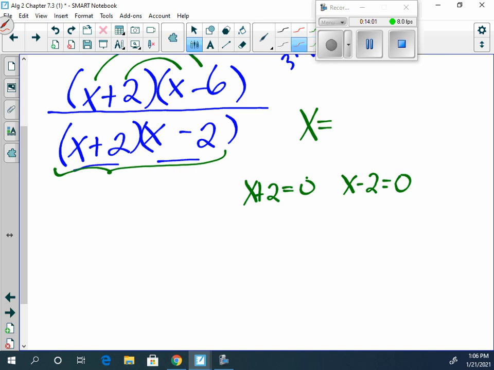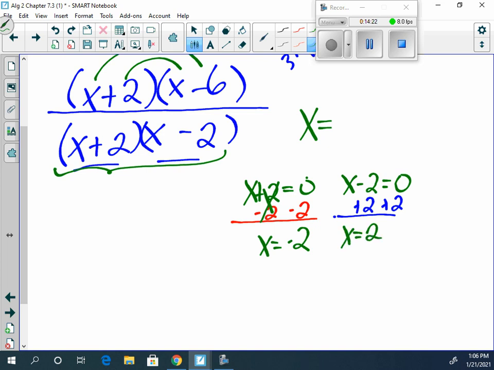For x plus 2 equals 0, we subtract 2 from both sides. These cancel, telling me x is equal to negative 2. We can do the same thing to the other one by adding 2 to both sides, and it'll tell me x is equal to positive 2. So really our restrictions: x cannot be equal to positive or negative 2, because either one of those values will make the denominator equal 0.